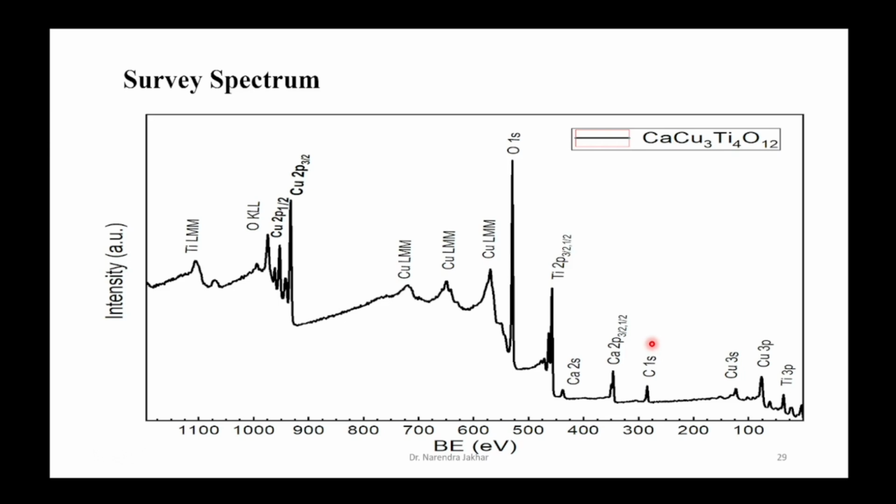Sometimes this C 1s peak is known as the advantageous carbon peak. Though it is a surface contamination peak, we sometimes call it the advantageous carbon peak.